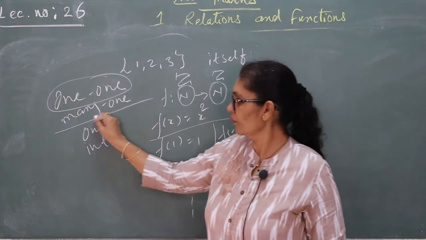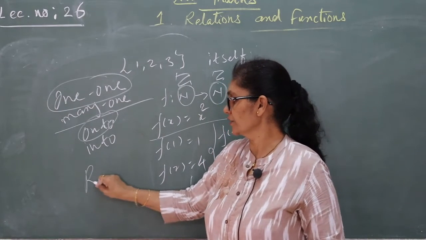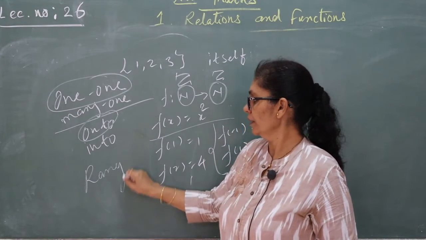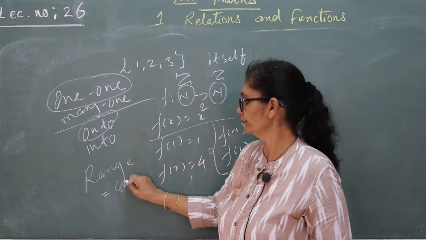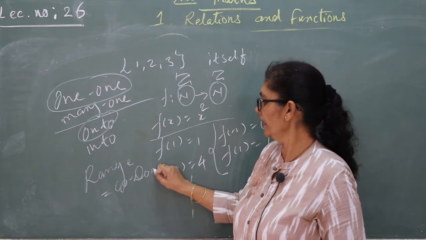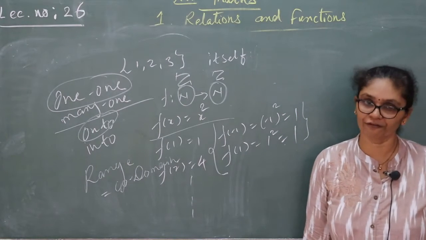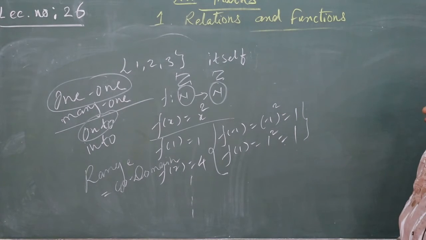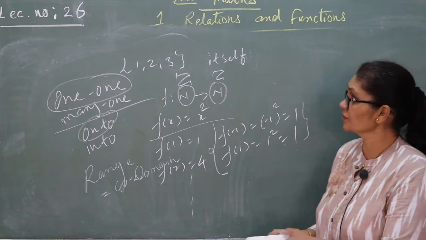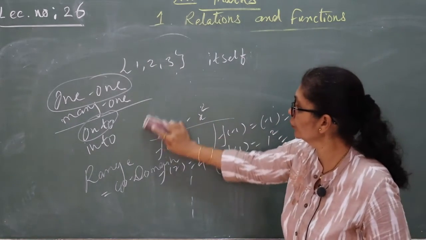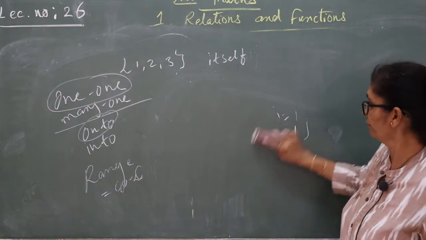Okay, onto means what? We discussed it: range and codomain. If range and codomain are the same, then you can say it is onto, and if not, then it is into. But here what is the question? The relation of 1, 2, 3 with itself.